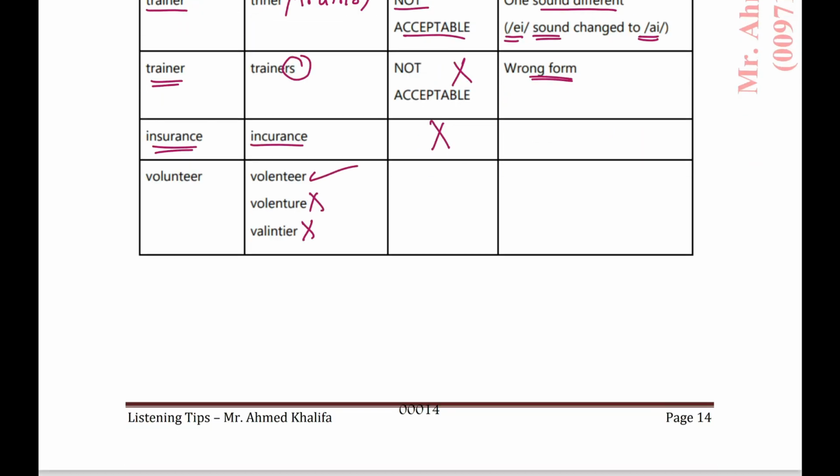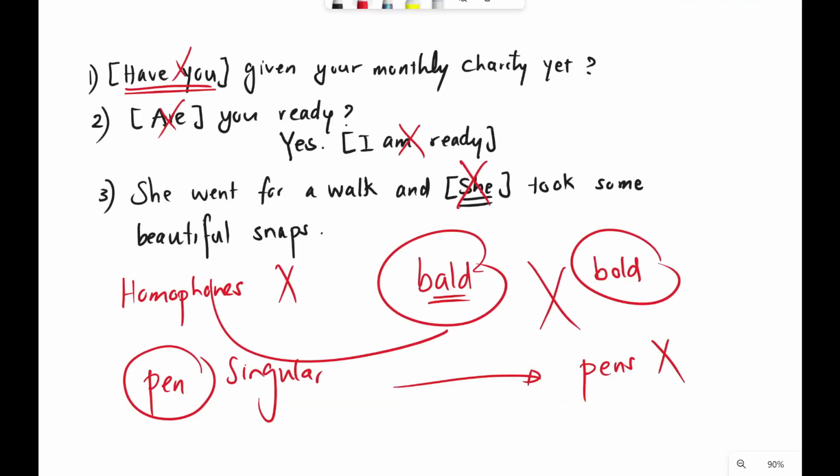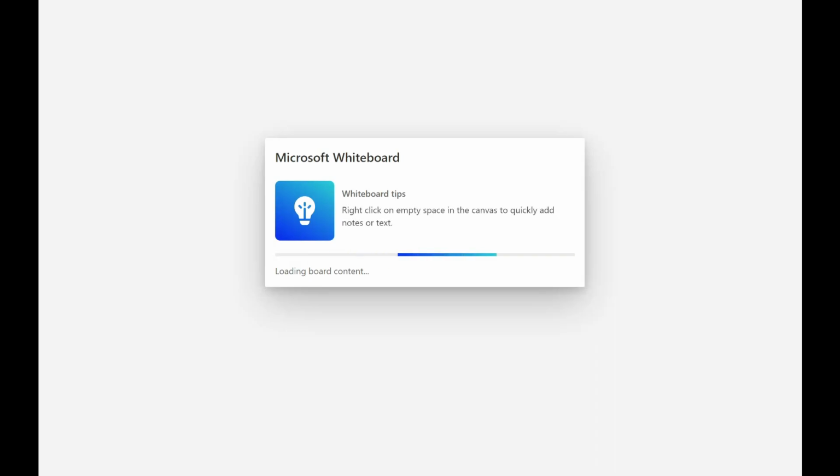Then, what else, teacher, do you want to tell us about? The last thing I want to tell you about is this. Let me create a new page here.